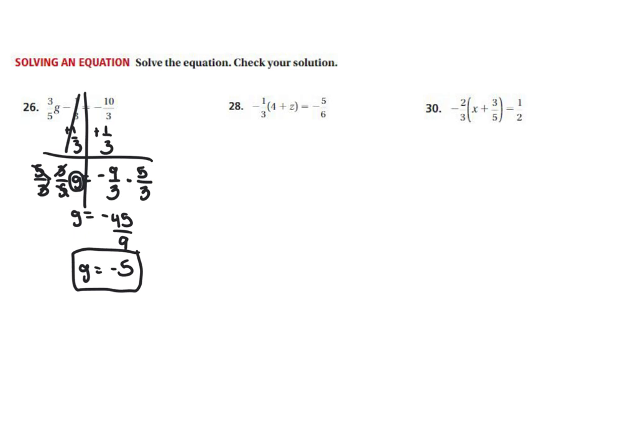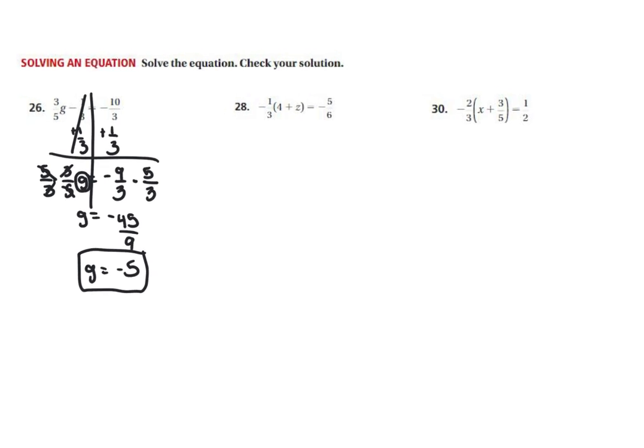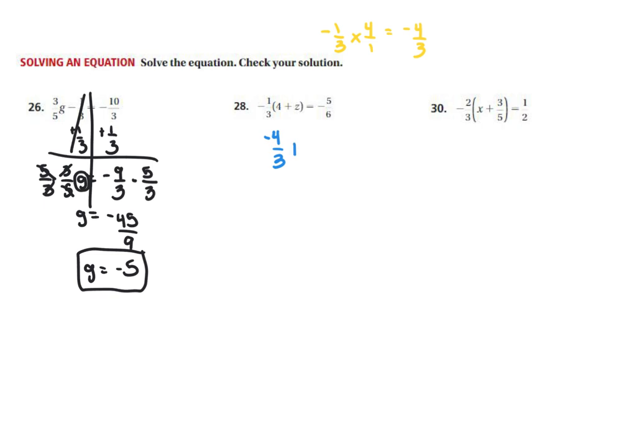For 28, we have to distribute first. So we'll distribute the negative 1/3 times 4. So do negative 1/3 times 4 over 1. That's going to be negative 4/3, plus negative 1/3 z equals negative 5/6.